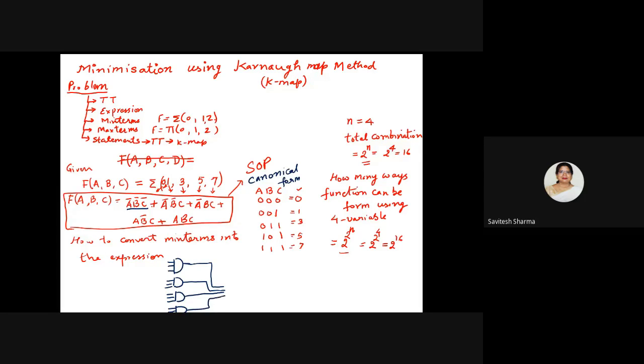As the terms are added, it means OR operation is there. So this is my hardware, and finally it will give you the function f. So each term's variables you will write here, before each AND gate you will write the variables. So you see the expression and you write the variables.